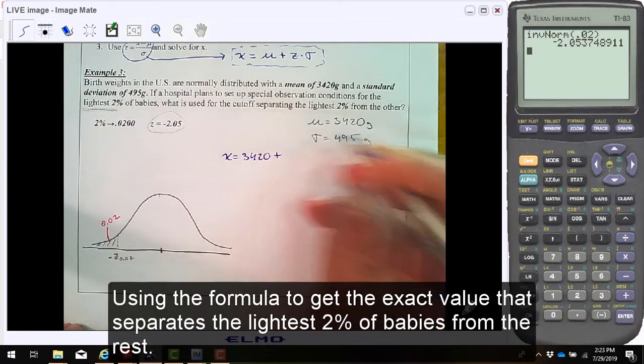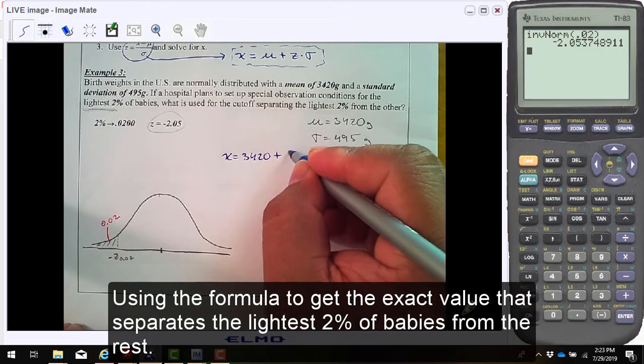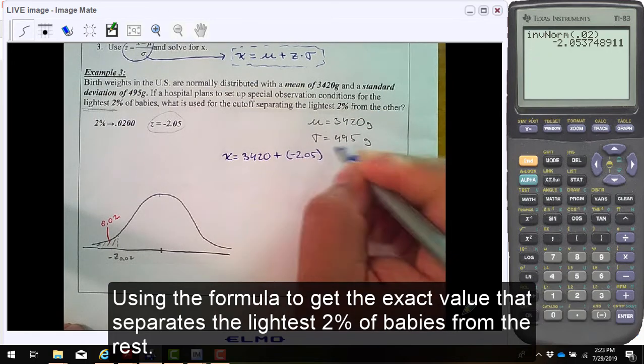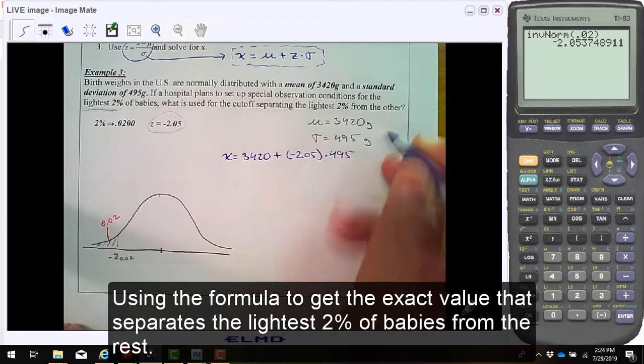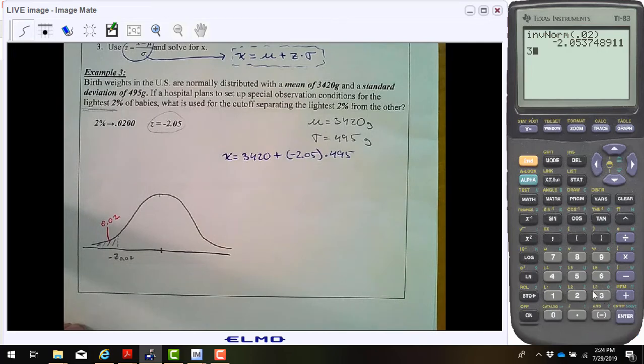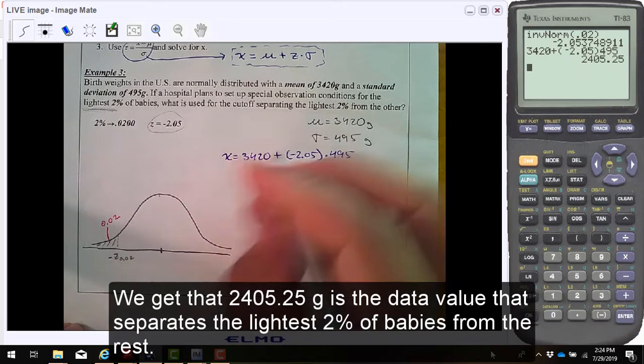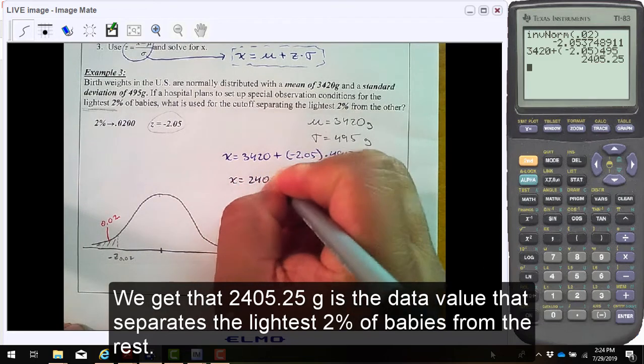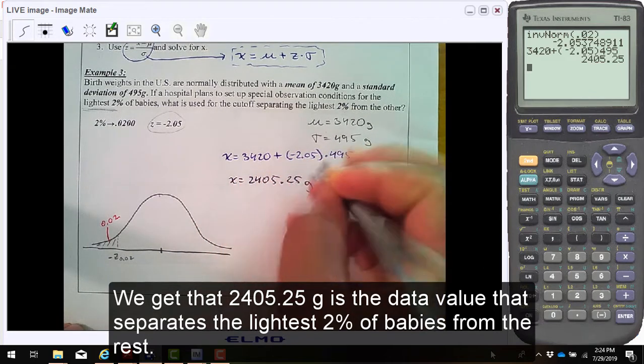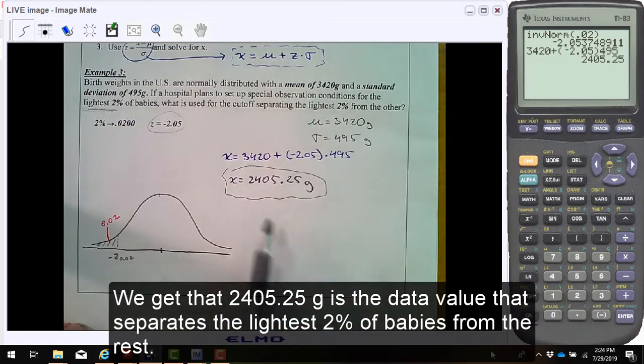Using the formula to get the exact value that separates the lightest 2% of babies from the rest, we get that 2,405.25 grams is the data value that separates the lightest 2% of babies from the rest.